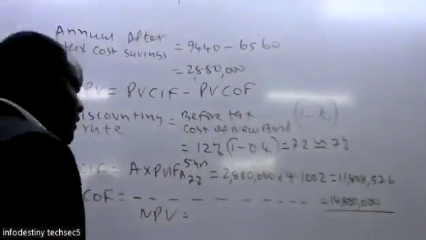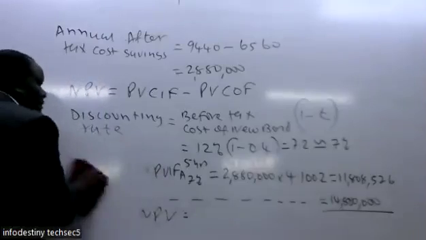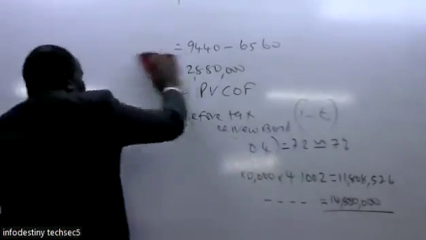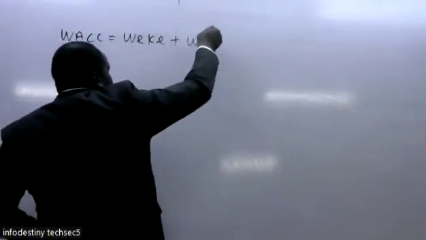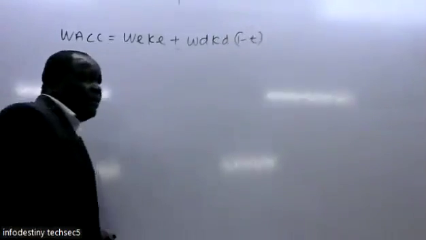We start with the first part. The issue there is the discounting rate, which should be the WACC. To compute the weighted average cost of capital, we use the weight of equity, the cost of equity, and the weight of debt, where the cost of debt must always be after tax.